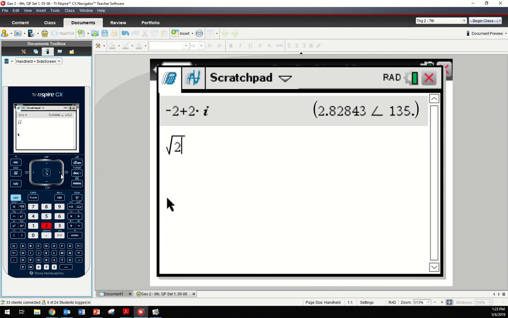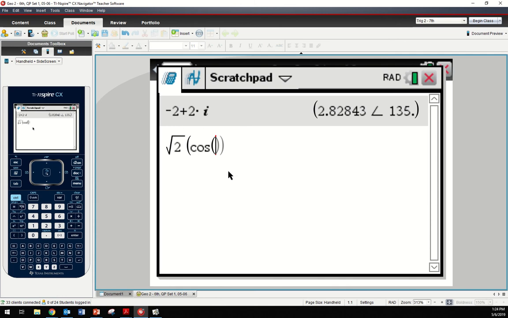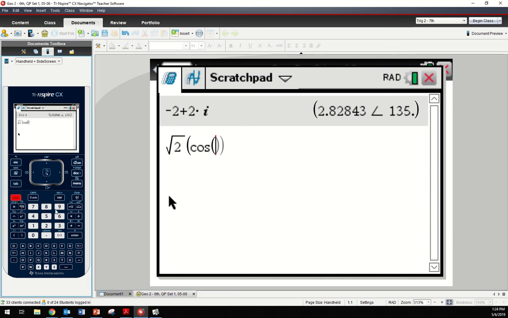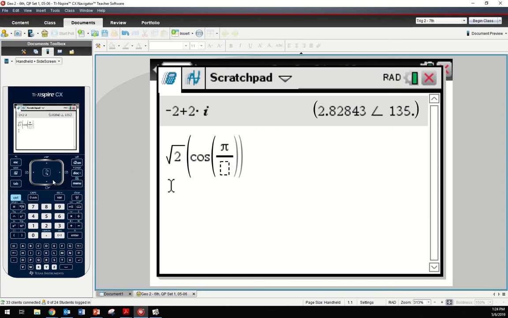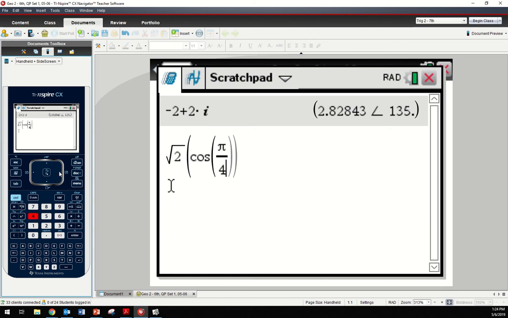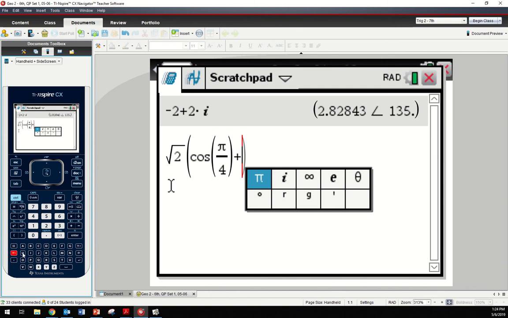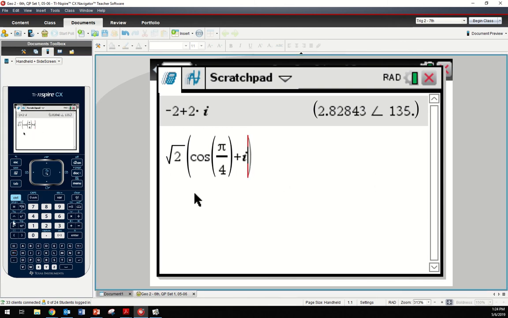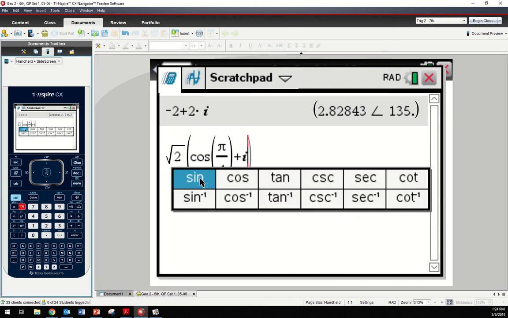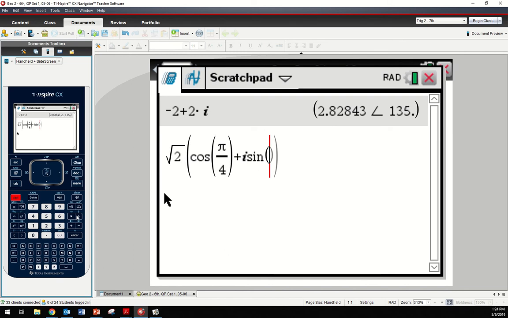Root 2, arrow over, open parentheses, cosine of pi over 4, close, plus i, sine of pi over 4.